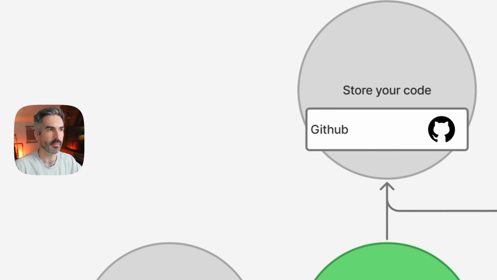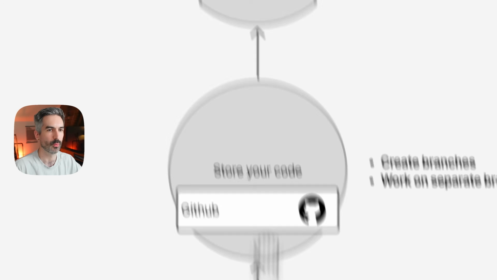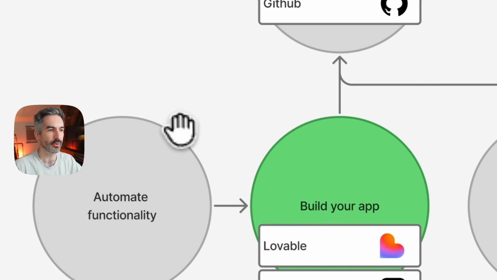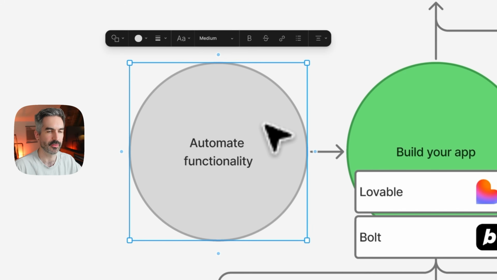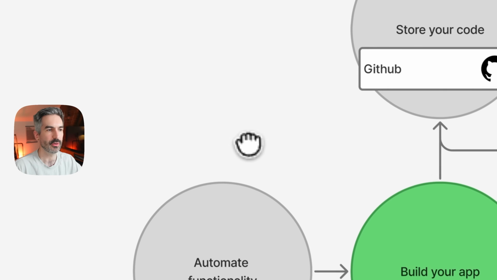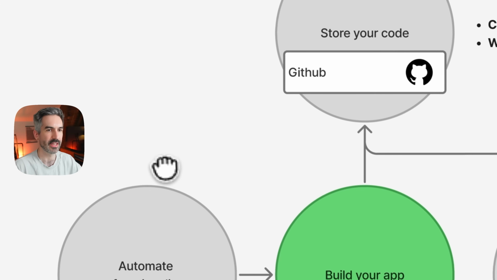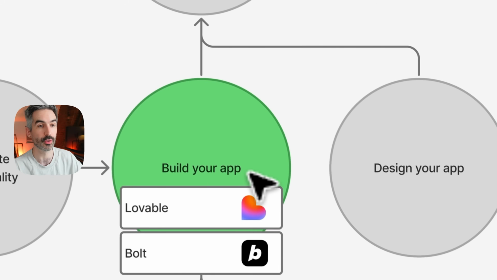So to go from idea to a working app, what I really like doing for your basic app functionality is to use an AI automation tool instead of building that directly into your code base.